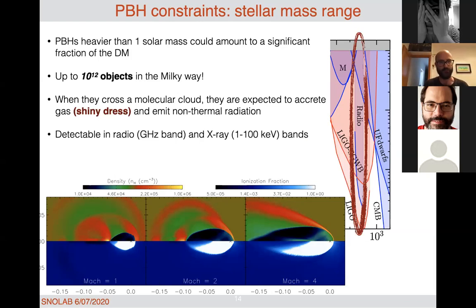The radiation emitted by these black holes when they accrete gas could be potentially detectable in the radio and X-ray band, because there is a lot of gas in the galaxy. You would expect them to accrete gas and to emit a lot of radio and X-ray emission.